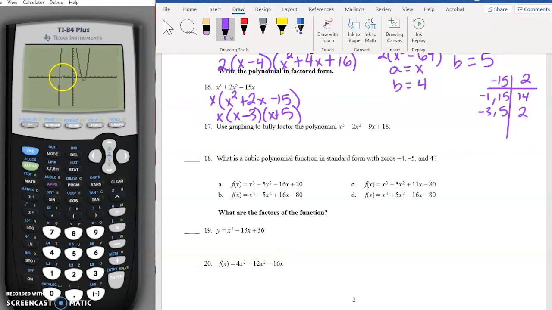So looking at this guy, I can either use second trace 2, so I'll do that on one of them. But also, if I can just see on the graph where they're at, it's also okay too. So I'm going to start my left bound and then my right bound.